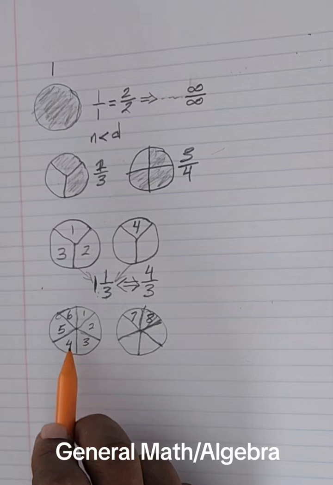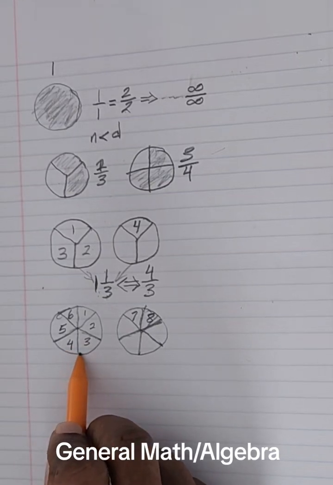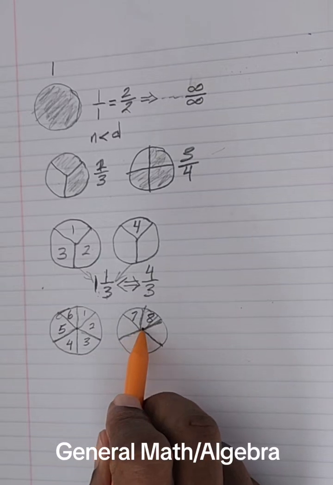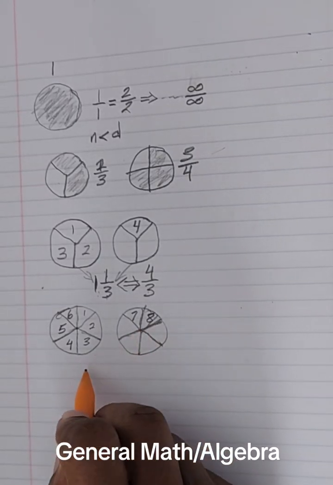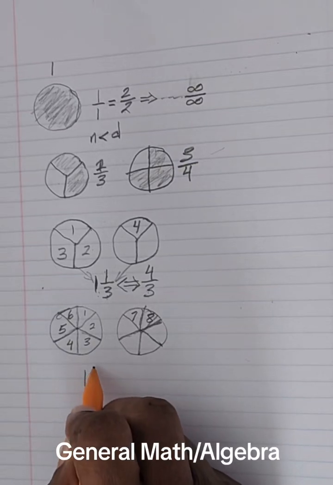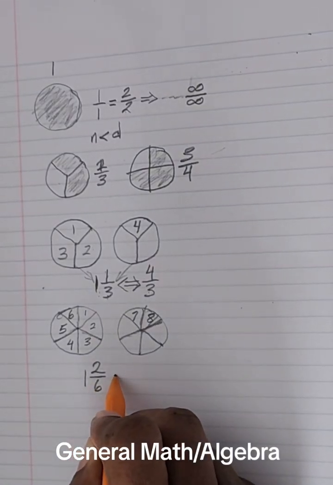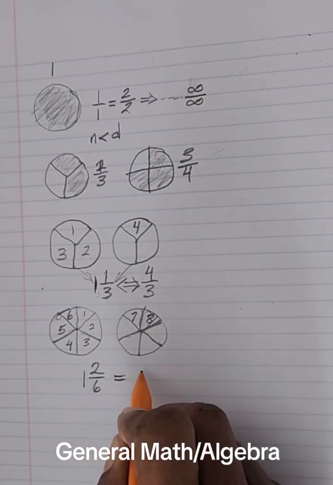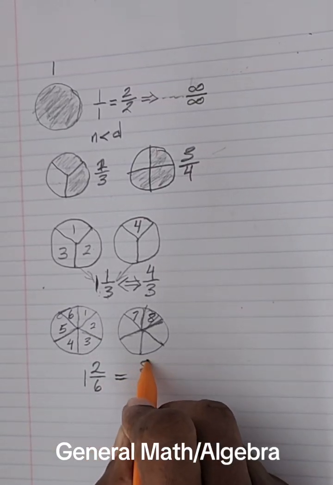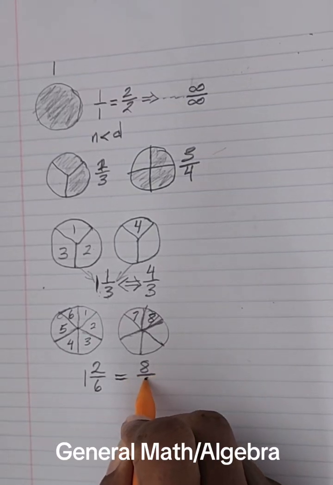So we have 1, right? And 2/6. So 1 and 2/6 is equal to 8/6.